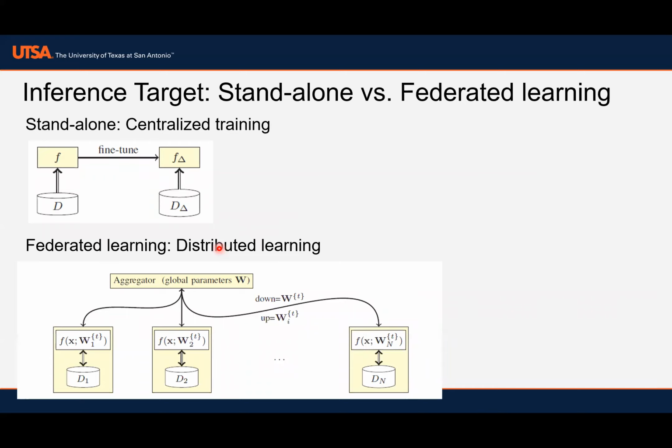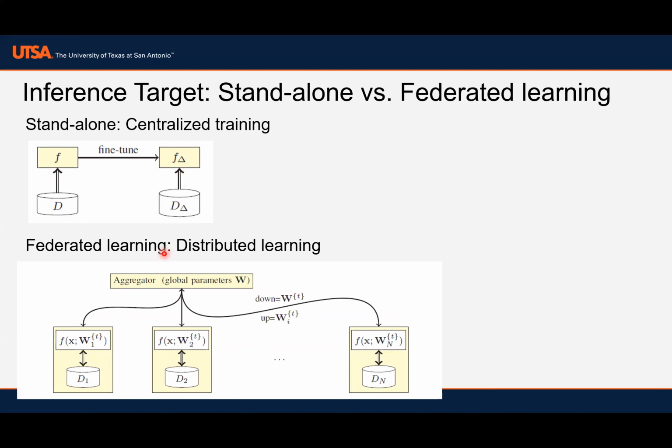There are two inference targets. The first one is centralized training. For centralized training, the attacker observes the target model F on the training data set D. He can also fine-tune the model with his new data set D delta and get a new model F delta.